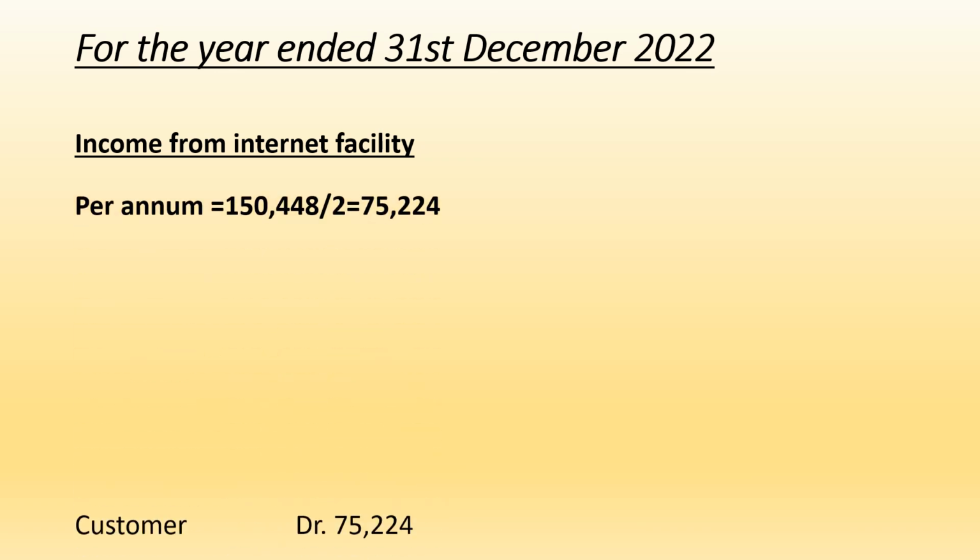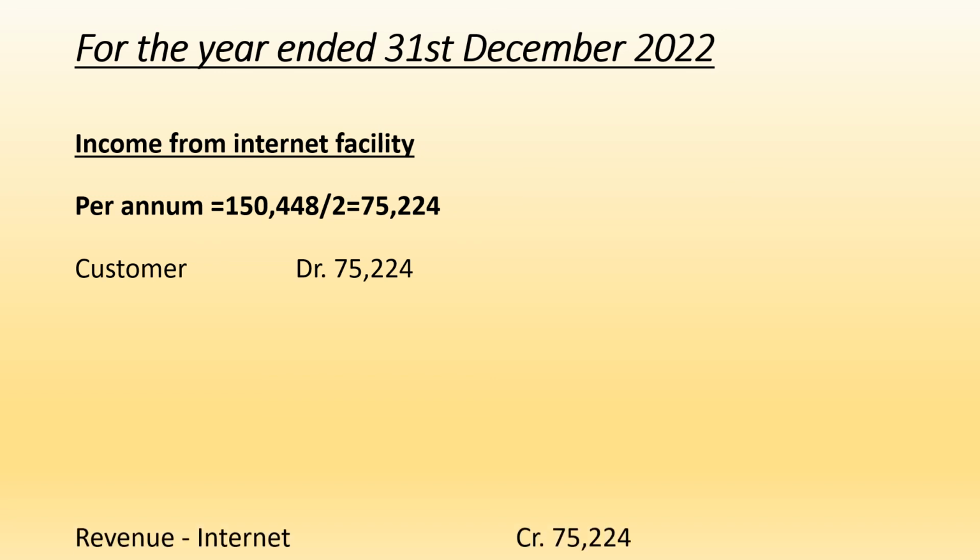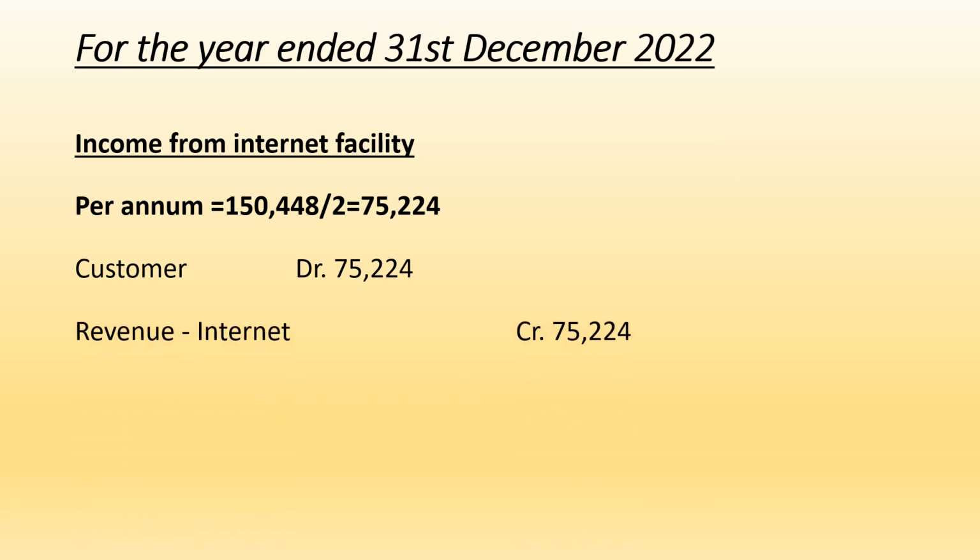For the year ended 31st December 2022, the only income we have is the income from the internet facility. Since the customer pays at the end of the period, we are going to debit the customer by 75,224 and credit the revenue from internet facility by 75,224.